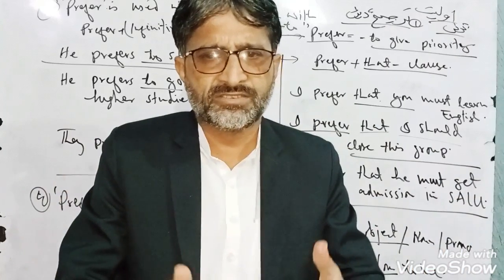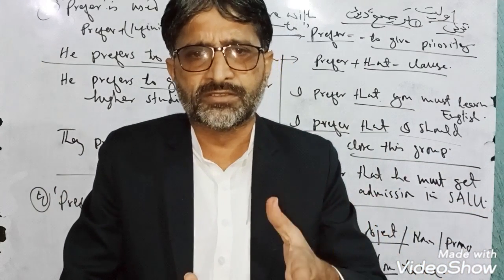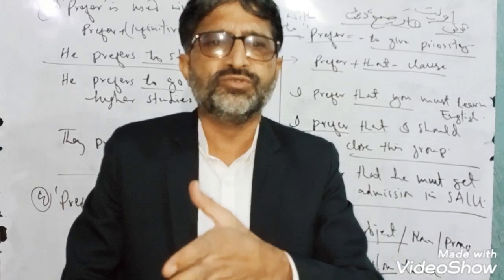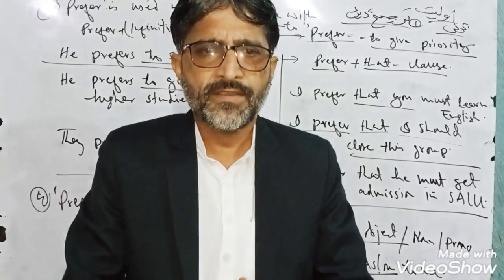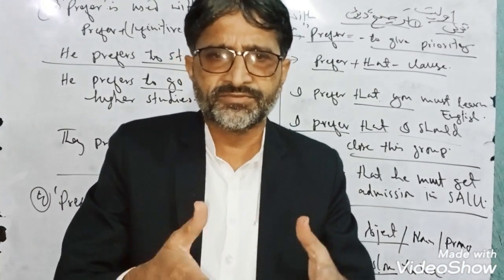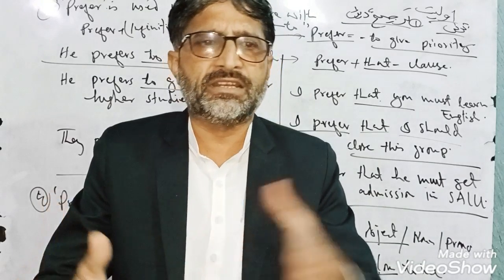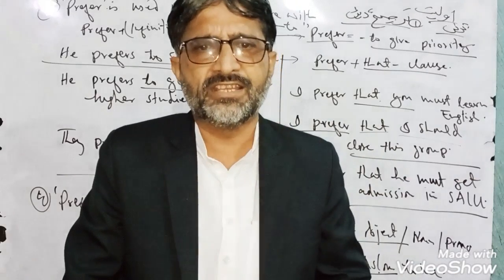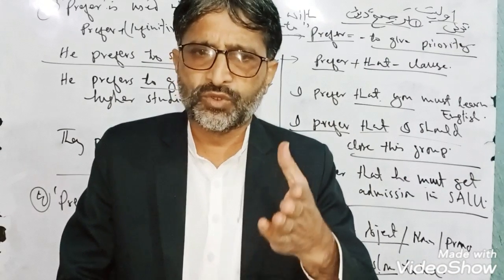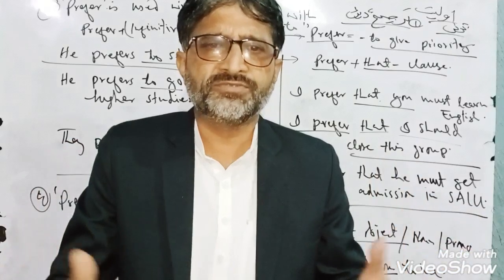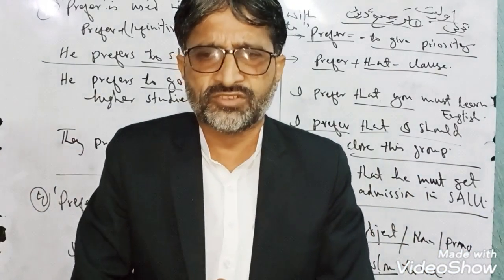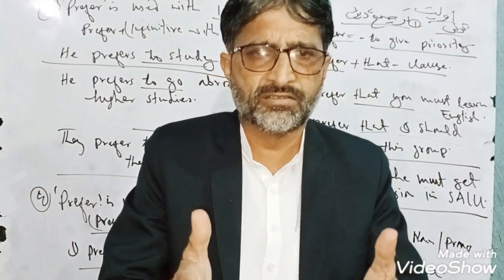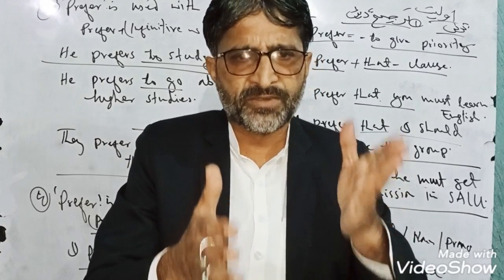So these are different coordinations of the words. Grammatically, some verbs are related with prepositions, some have a direct relation with objects. Today we are just going to discuss a single verb, that is prefer.